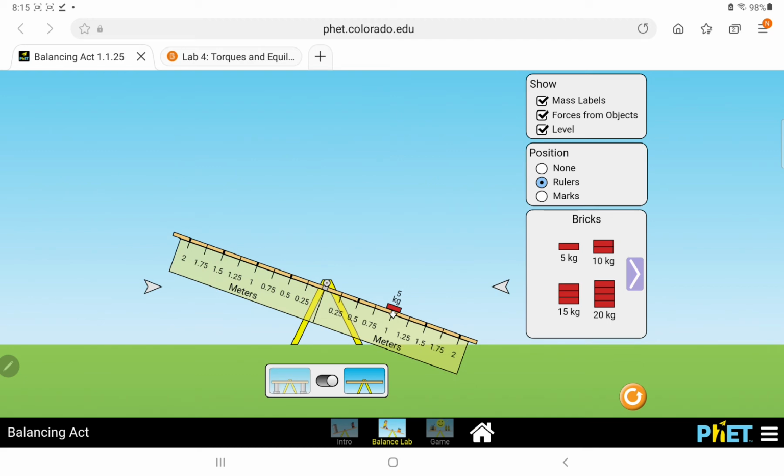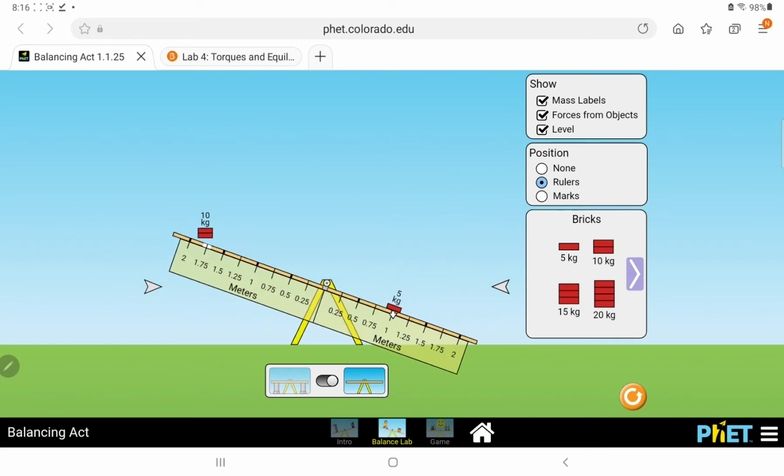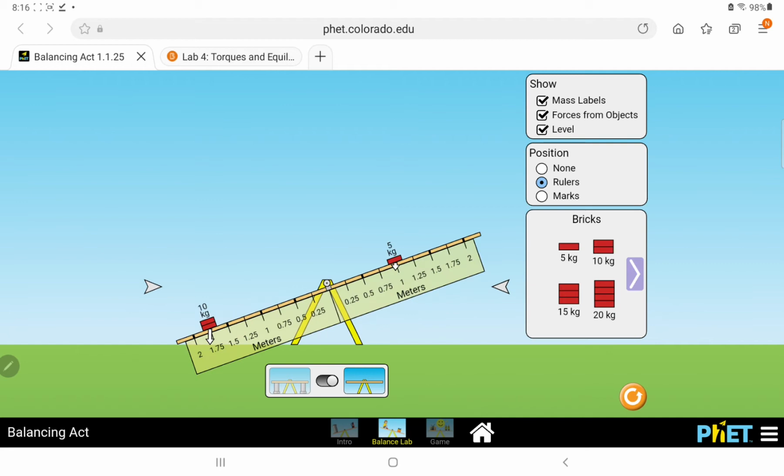Right now you can see this is not a balanced or equilibrium condition. It is a non-equilibrium condition, right? It is slanted; it makes a certain slope. Now take 10 kilograms and try to put it somewhere to make the balance. It's not balanced. Let me try some other position. If I put it here, does it become balanced?